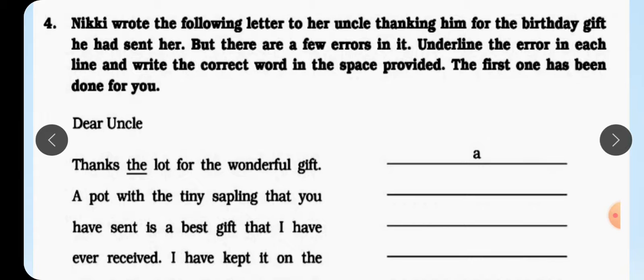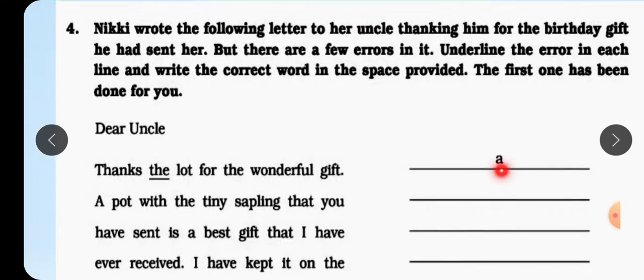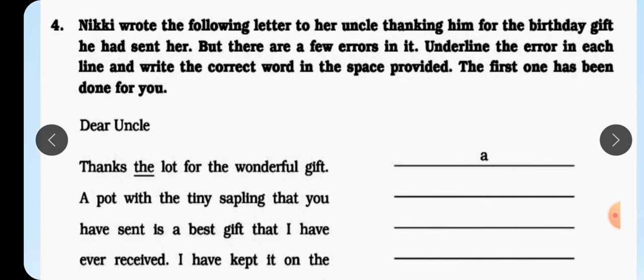You have to find out the mistakes, underline those mistakes, and after underlining, write the correct answers in the space provided to you in your books. So let's start with the first.